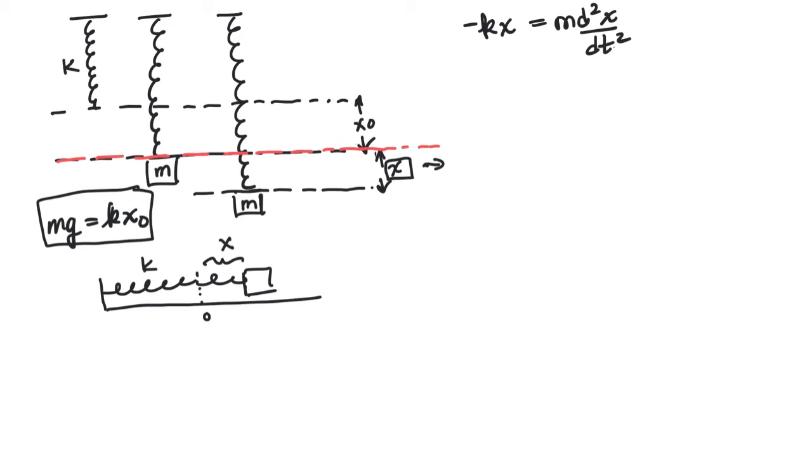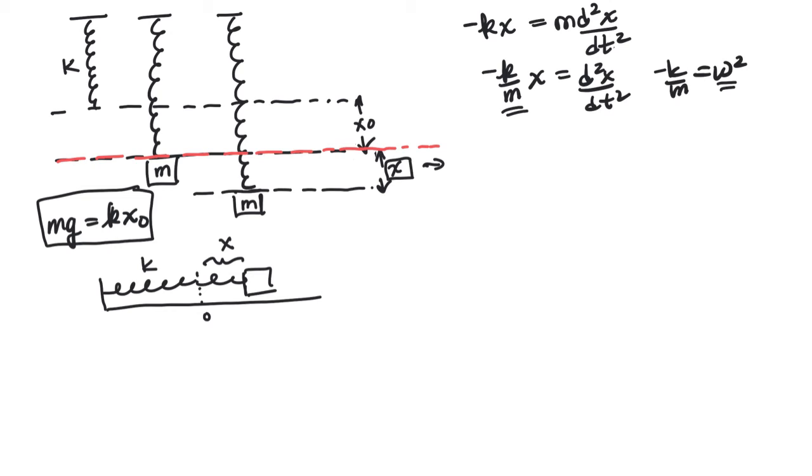That's often written as negative k over m times x equals d squared x dt squared, and we know k over m is equal to omega squared, and so if the k over m is still there, it also means it's oscillating at its original oscillation frequency that it would if it were just a regular mass on a spring. Okay, so let's see if we get that result.